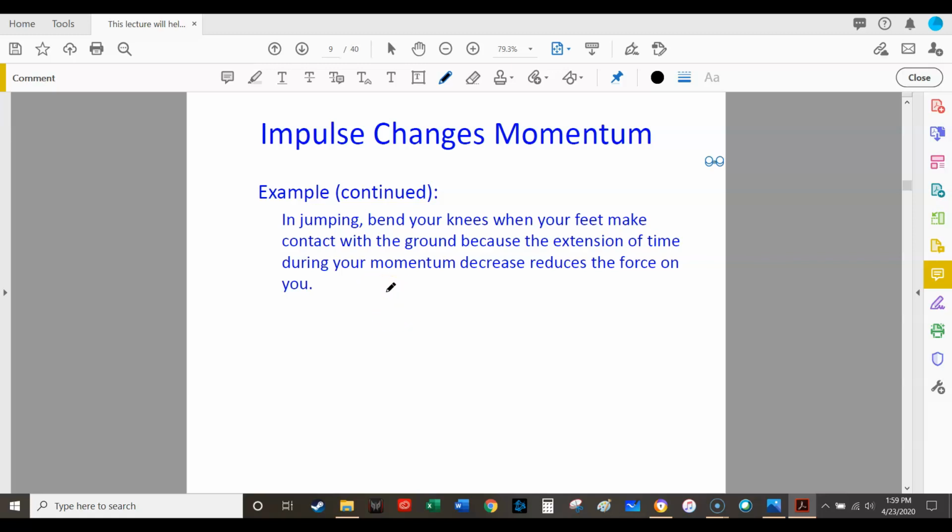And then maybe you realized, hey, if I crumple to the ground or I roll after I jump off the swing set, it doesn't hurt as much, right? Well, that's what we're talking about here, with this inverse proportion of time and the change in momentum, right? So in both cases, when you're jumping off the swing set, you're going from a state of moving to not moving, right?